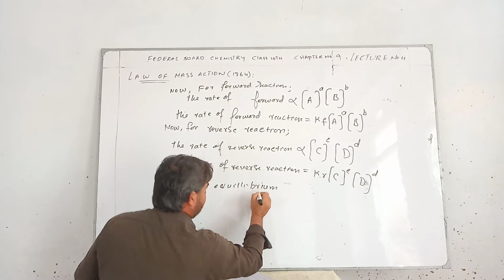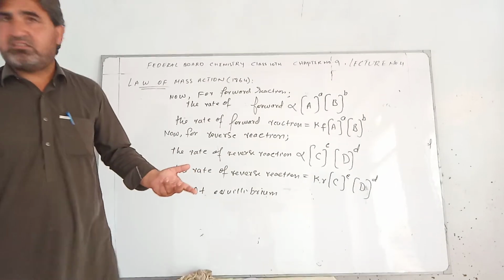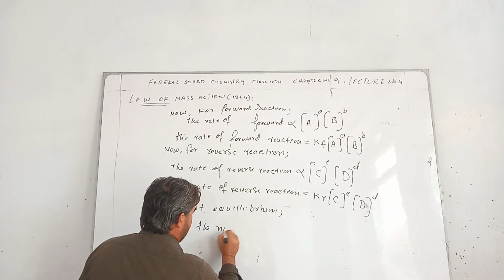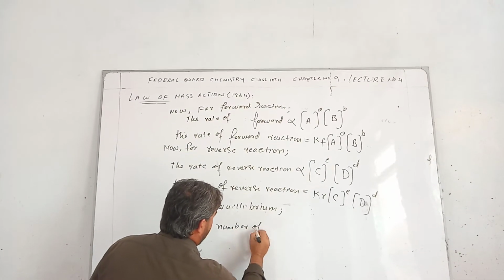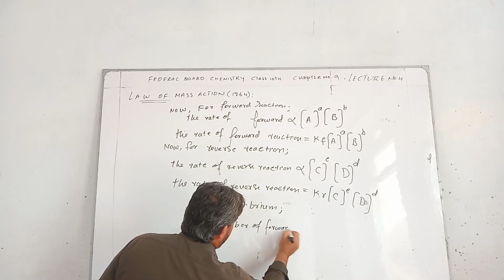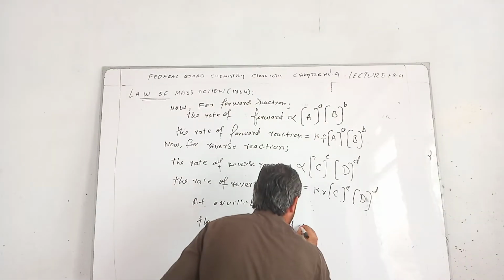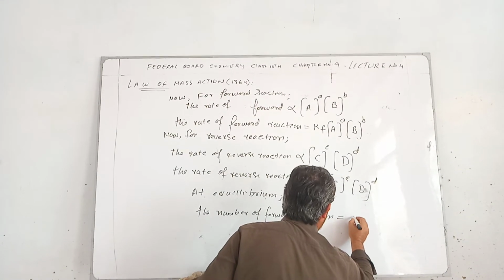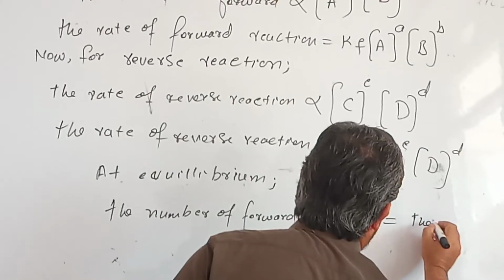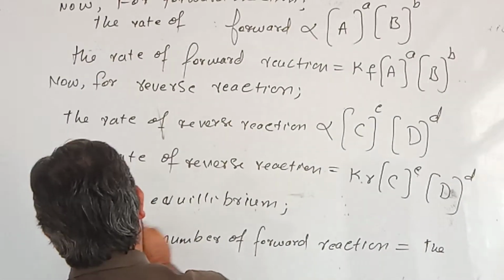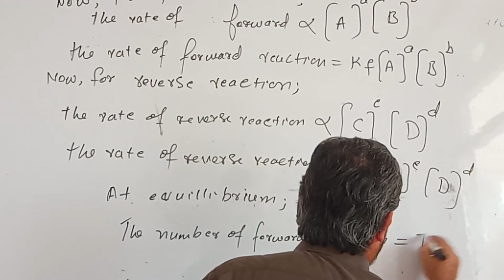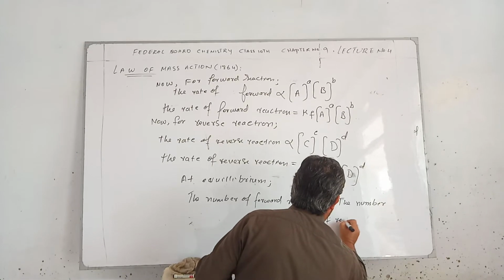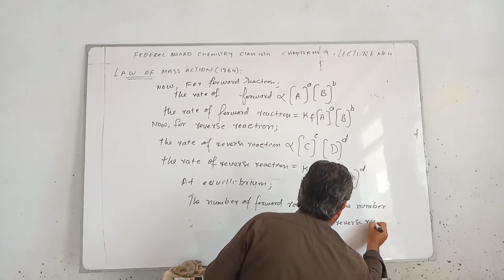At equilibrium, the rate of the forward reaction is equal to the rate of the reverse reaction.